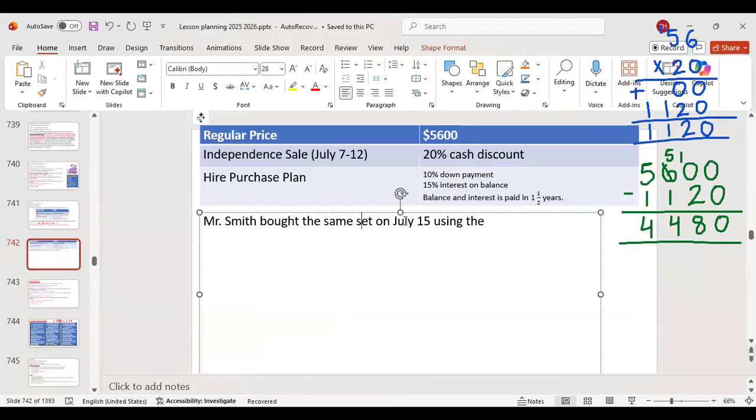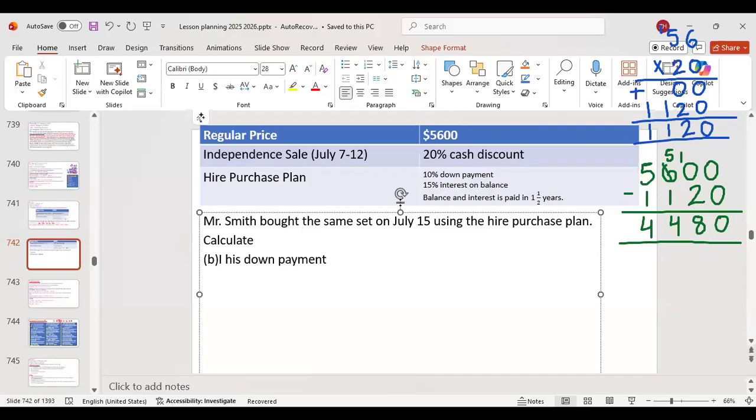So Mr. Smith bought the same set on July 15th using the hire purchase plan. Calculate, so this is going to be B, really B I, his down payment.